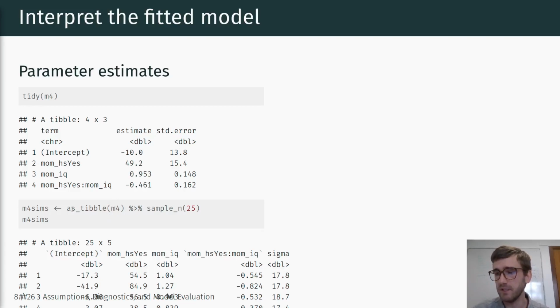We can do this by just converting our model object into a tibble, as we have done in previous videos. But remember that these simulated draws from the posterior distribution contain, if you use default settings for Stan GLM, 4,000 draws. We don't need as many draws, so we just take a random sample of 25 of those draws, okay?